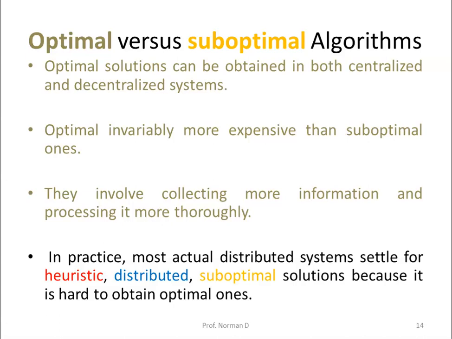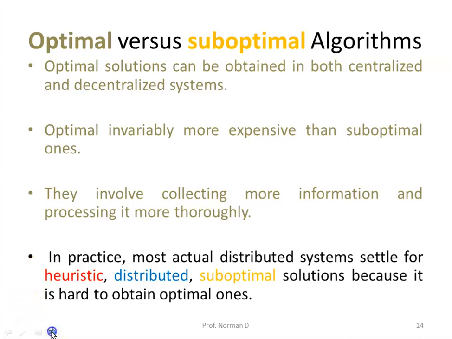They involve collecting more information and processing it more thoroughly. In practice, most actual distributed systems settle for heuristic, distributed, suboptimal solutions because it is hard to obtain the optimal one.